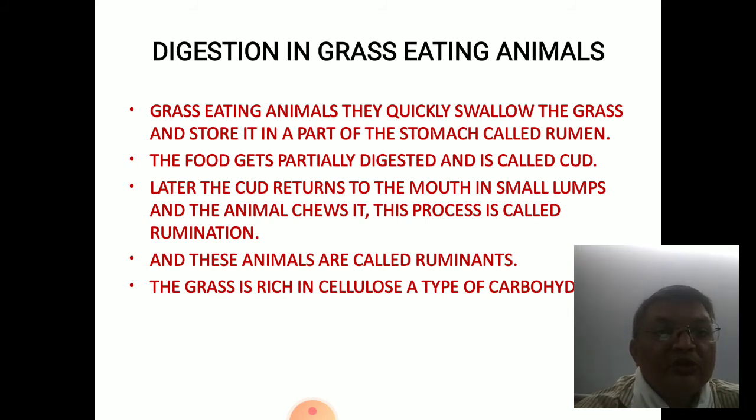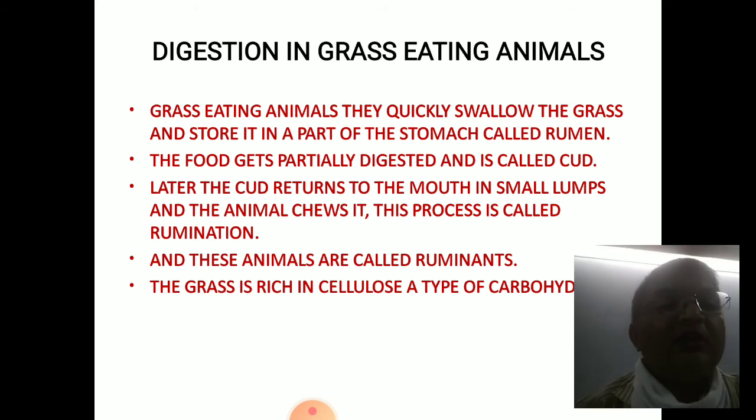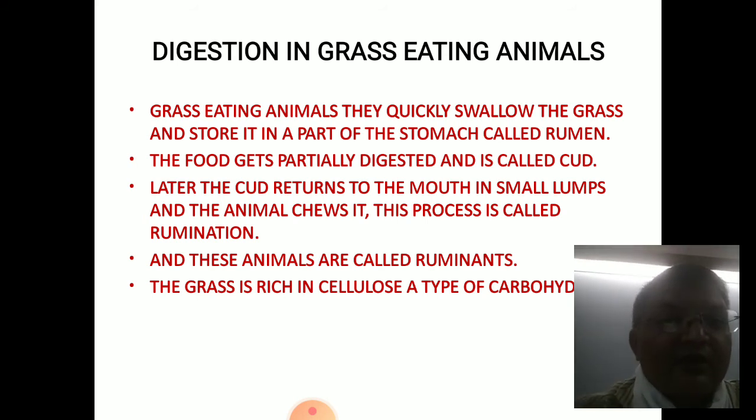Later this cud is returned to the mouth in small lumps, and animals chew it. The process name is rumination, and that animal is ruminant.